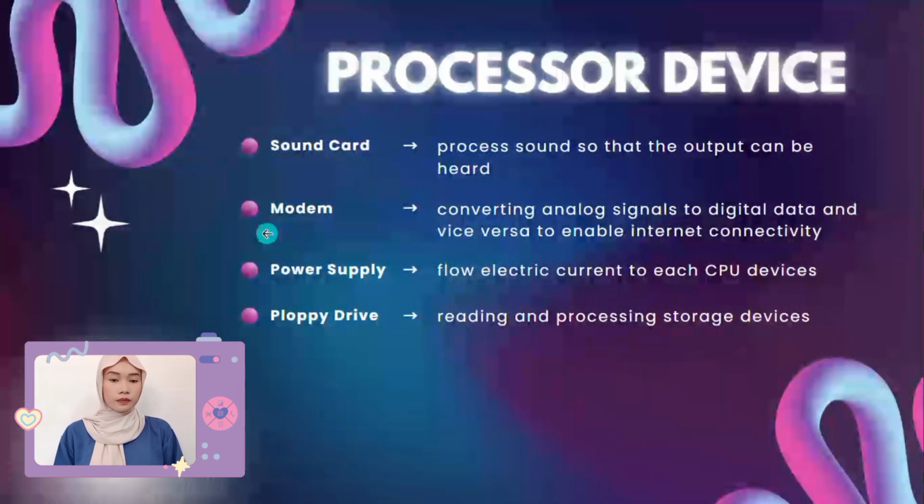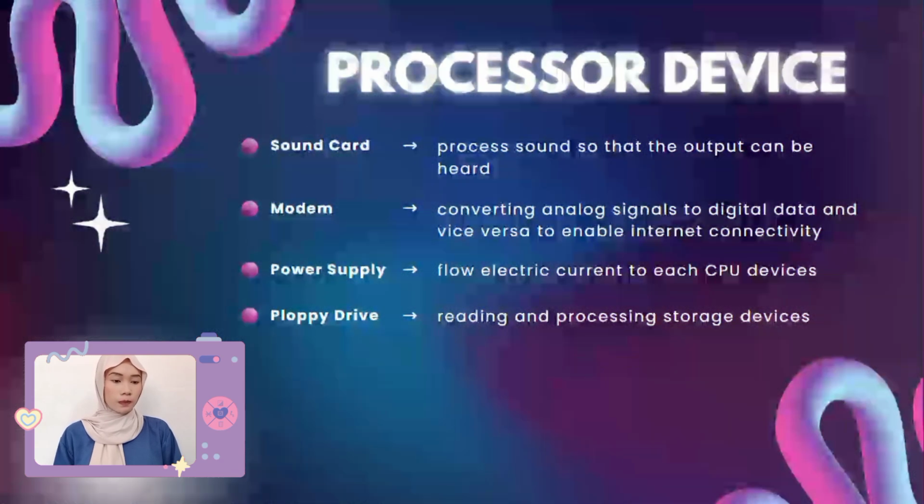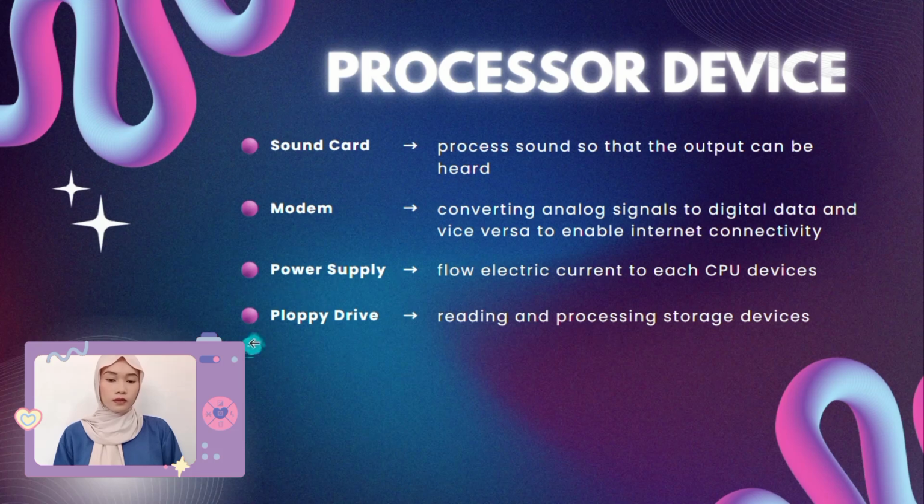And then modem is for converting analog signals to digital data and vice versa to enable internet connectivity. And then power supply components are used to flow electric current to each CPU device. And floppy drive component is used for reading and processing storage devices.